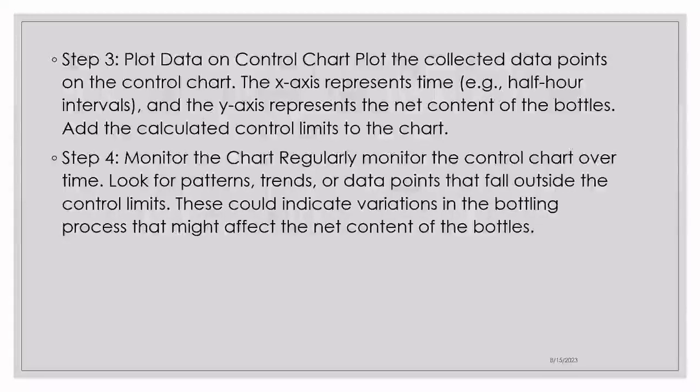Then regularly you are going to monitor the control charts over time to see whether it is out of control, because you are required to take action immediately to stop the entire process if it is out of control, right? Whatever the situation, you are required to collect the data and do it.